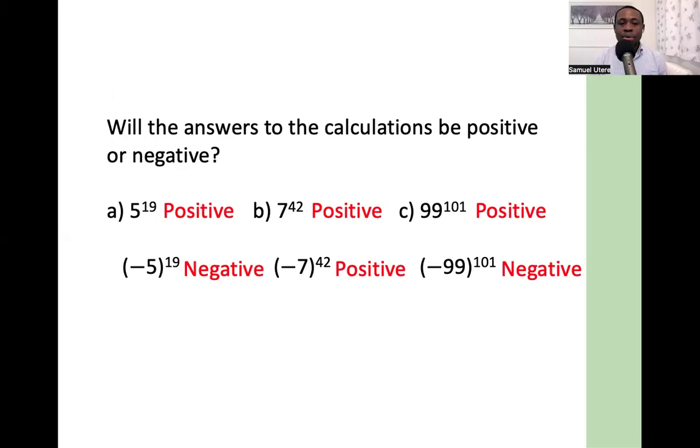And for all those where you have the base to be negative and the index is odd, you would have a negative answer. But for the one where it is negative, but you have an even power, you would have a positive number. Okay, it's really important you notice these patterns.